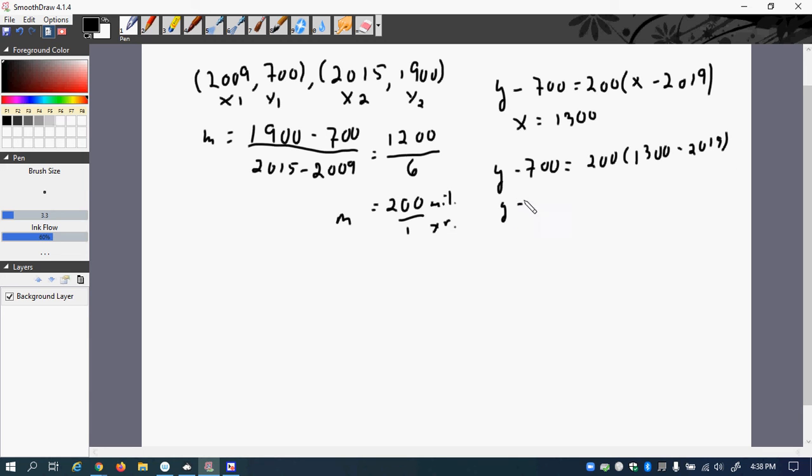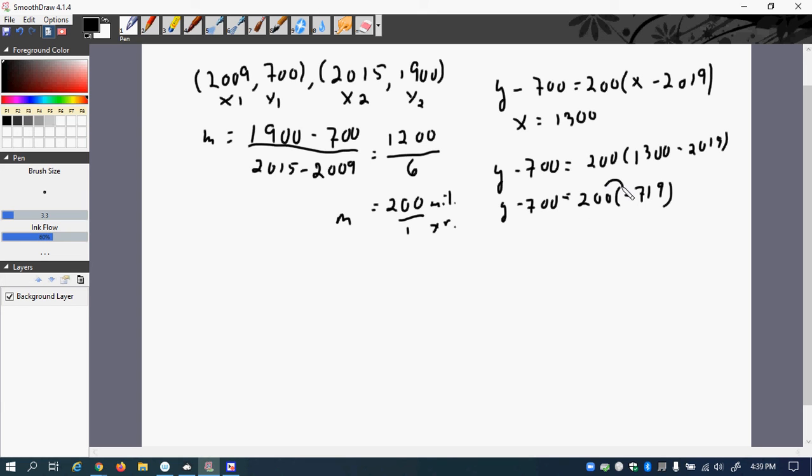Then I take 1300 minus 2019, and I get negative 719. So this is 200 times negative 719.